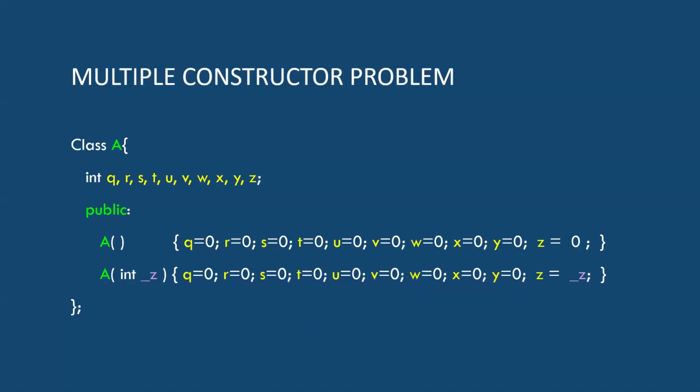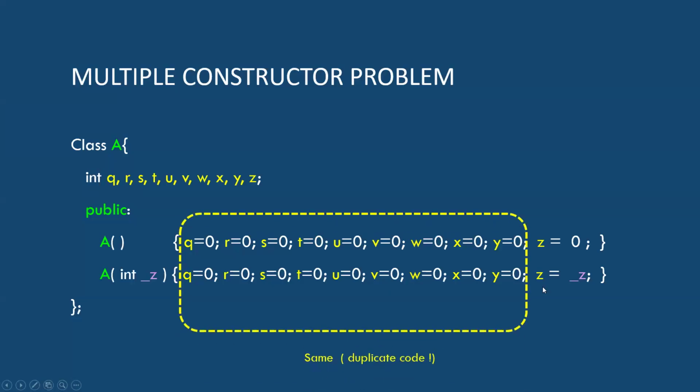That's the good old-fashioned way of doing it. But I also want another constructor where I just want to specify the Z value, okay? So we all know we can use the constructor initializer list to solve this problem. But let's just say we're looking at this and we're thinking, can't one of these call the other one, right? It's really tempting to try to call the other constructor from inside of the curly braces. But for a number of reasons, we're not allowed to do that. So here's a couple ways we can solve this problem.